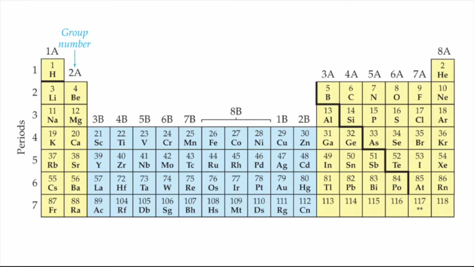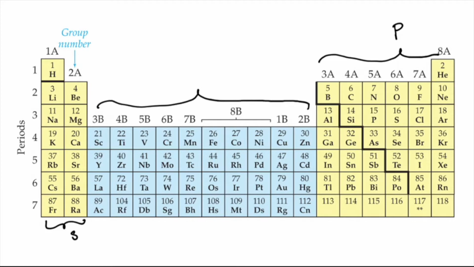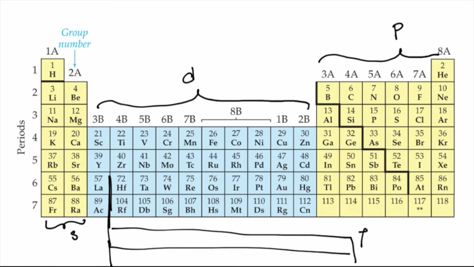But even if you use this, you would be able to figure out the same answer as long as you remember that these 2 are the S, these 6 block is the P, these 10 are the D, and then there will be another 14 which is the F here, but this periodic table doesn't show it. And using the periodic table is helpful because it tells you that the P has 6 electrons, the D has 10, the S has 2, and the F has 14.